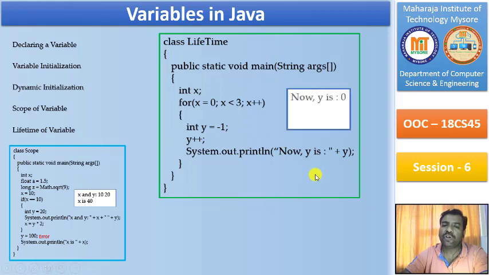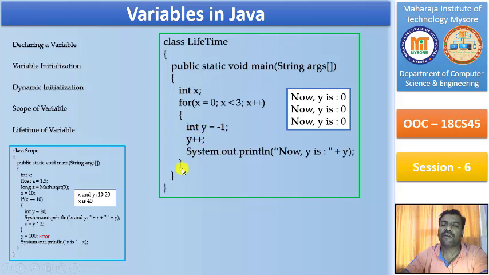But I'm going to get the value of y as 0, because y is initialized to -1, and I am going to increment the value to 0 and print the value as 0. Loop back, and now the scope of the variable y is out and its lifetime ends, and I am just going to again initialize and create y as -1, again increment the value to 0, and every time the same thing happens.